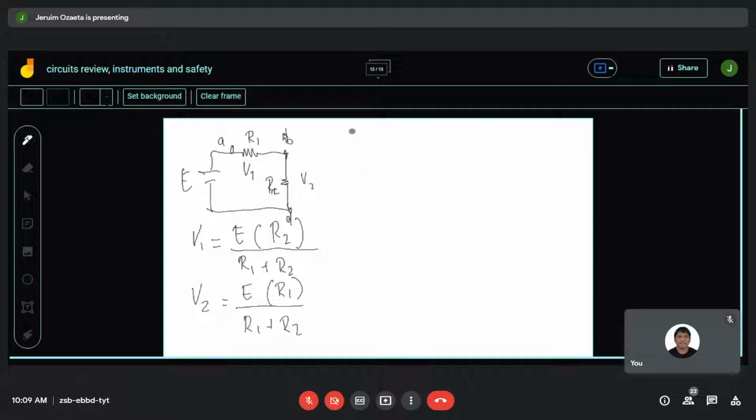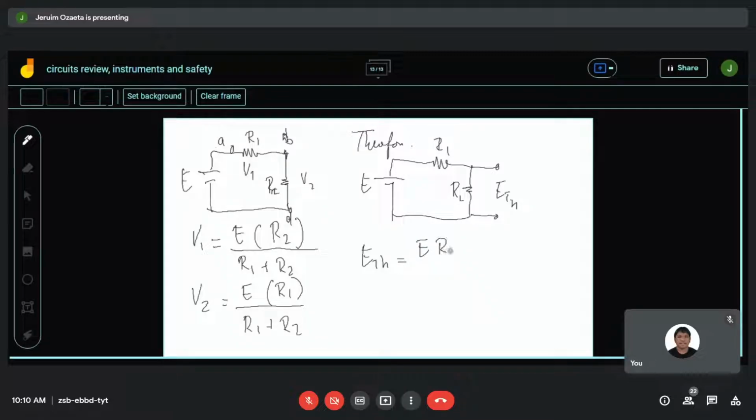Therefore, from the circuit, this is the E Thevenin's. We can say that the E Thevenin's voltage equals E times R sub 1 all over R sub 1 plus R sub 2.